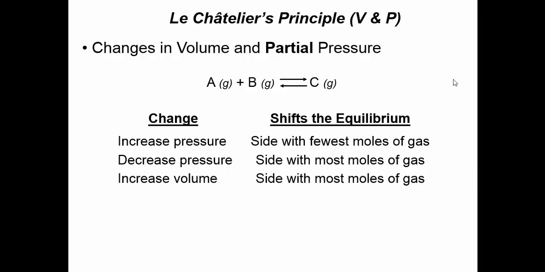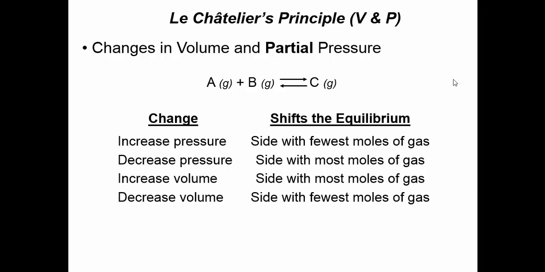And if you decrease the pressure, the side with the most moles is where it will shift. The best strategy I suggest is that when you see volume, figure out the effect on pressure and then work out your changes from there. Decrease the volume, you're going to increase the pressure, and it'll go to the right.